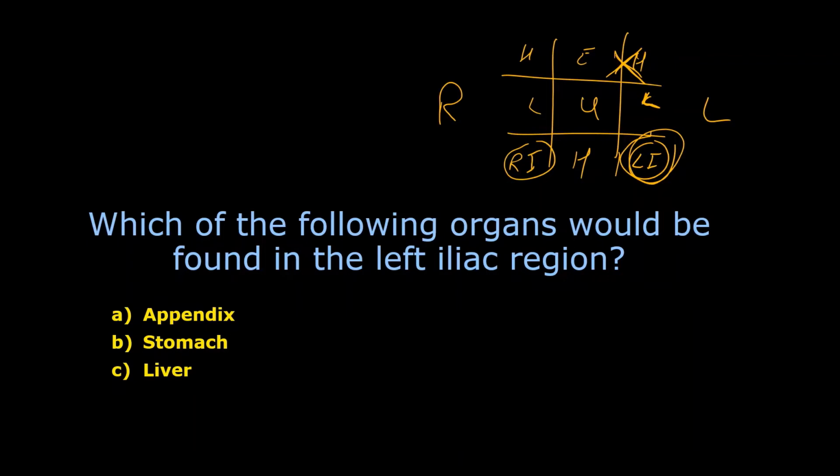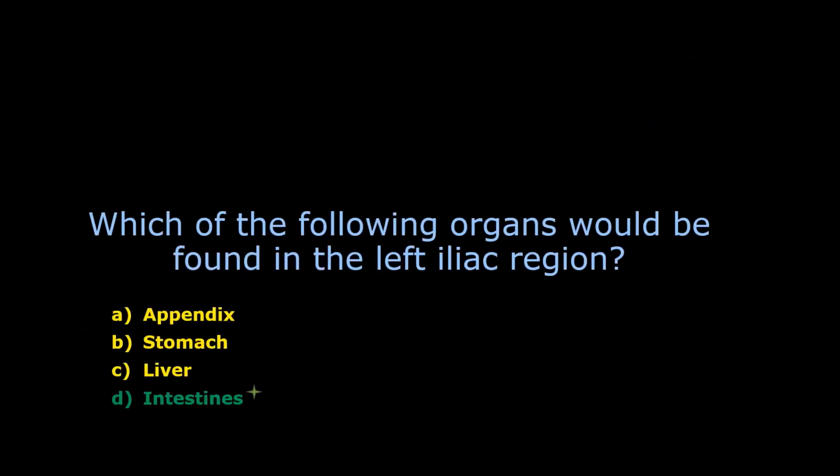Liver, the liver's over here. So that's definitely not it. So we're left with D again, which must be the answer because the 3 above just can't be it. And there you go, intestines. I said it's kind of hard to think of anything down there that's not intestines. But good choice. Let's see. Yes it is.